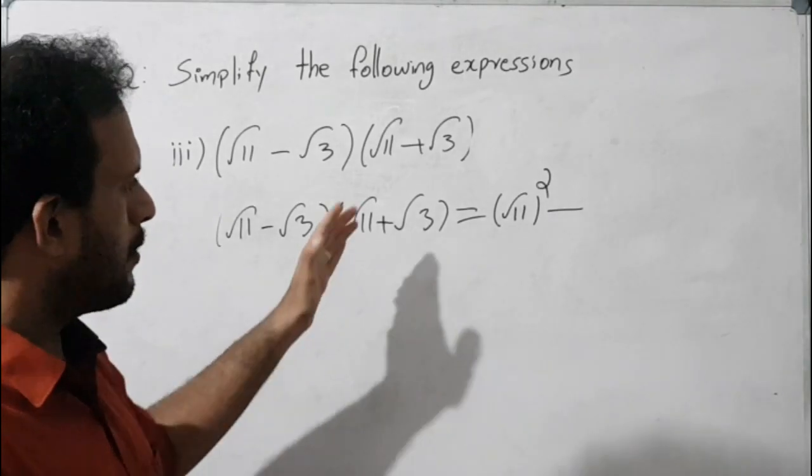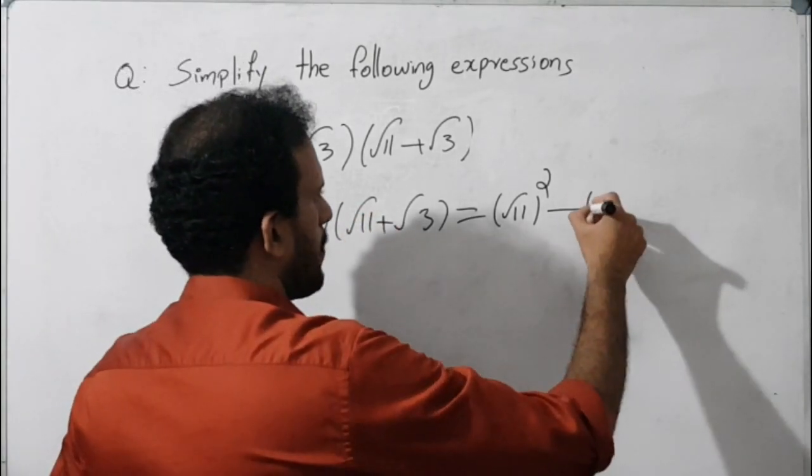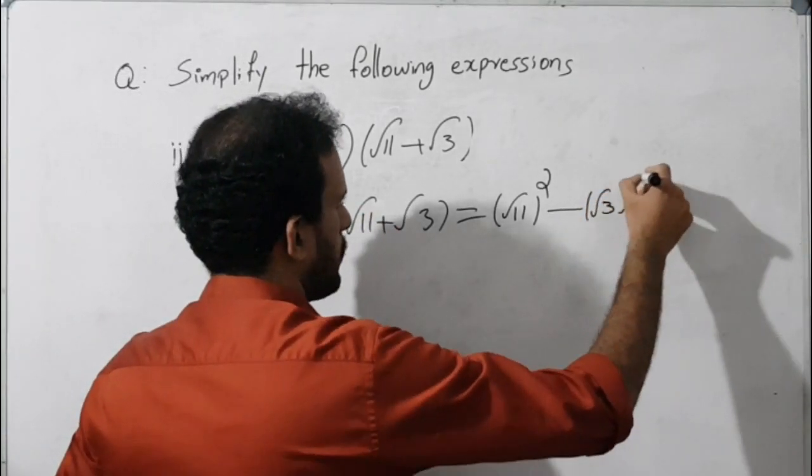What is b here? The b is root 3 whole square.